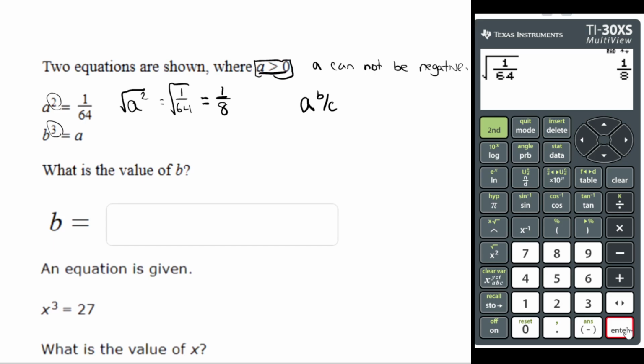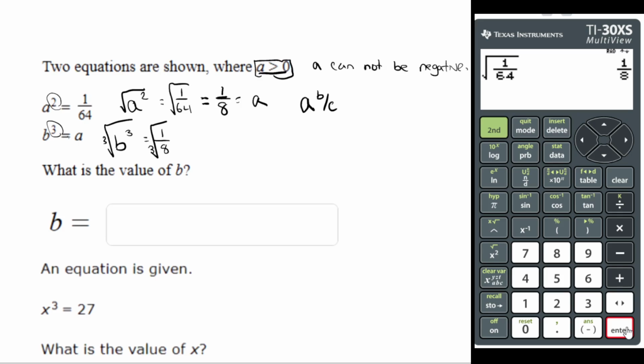Okay, so now it says the cube root, b to the third is equal to a. If a is 1/8, that means b to the third is equal to 1 over 8. So what you're going to do is take the cube root of both sides.